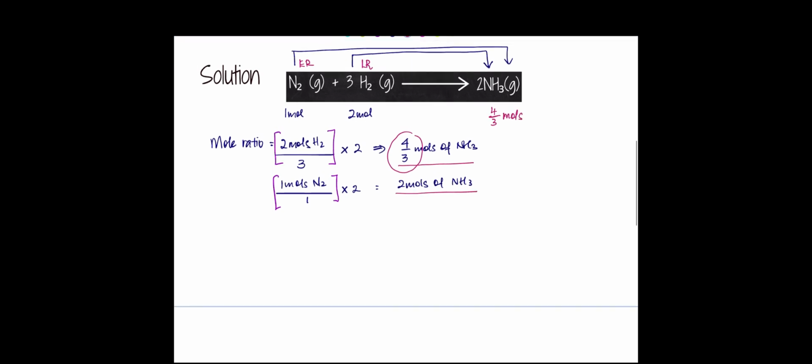Now next up, we calculate excess reactant. The formula or the strategy is to know the approach. We start off with the moles of limiting reactant, which is 2 moles of hydrogen, divide by the coefficient of the limiting reactant, multiply by the coefficient of the excess reactant. We get 2/3 moles of nitrogen used.